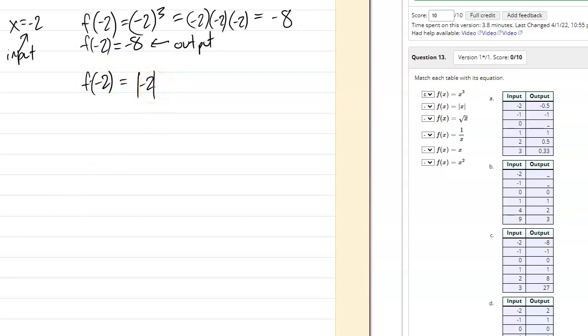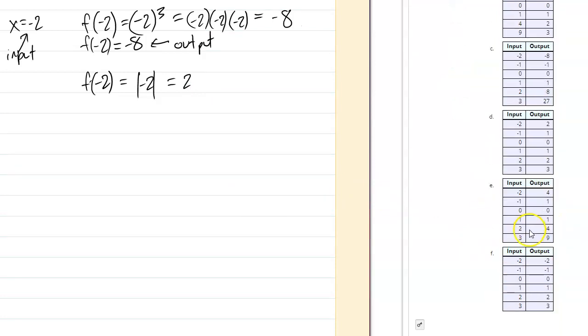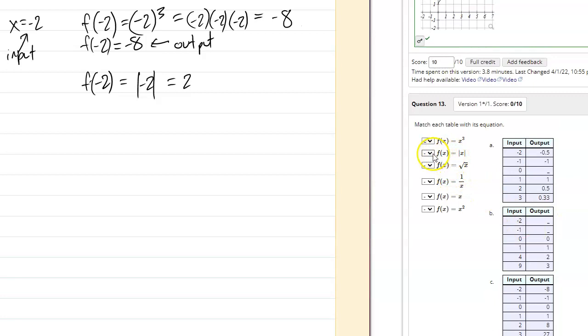That's what the second function tells us. So that is equal to 2. So we want to figure out which one, when you plug in -2, do you get 2 as an output? That'd be D. Yep, D. So that would be D.